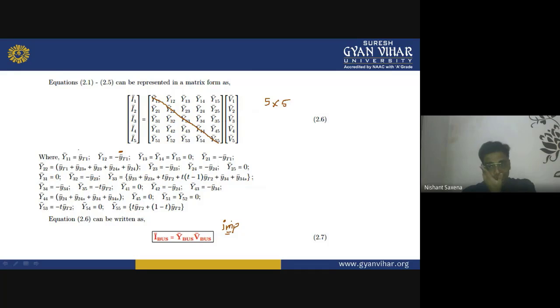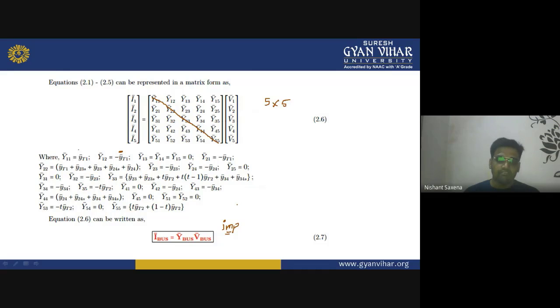So what we have done, we have injected the current at each of the buses. We have applied the KCL, and then we have completed the equations for each of the buses and transformed them into a matrix form, and the matrix elements are being taken as Y11, Y12, which correspond to the equations which we have developed.